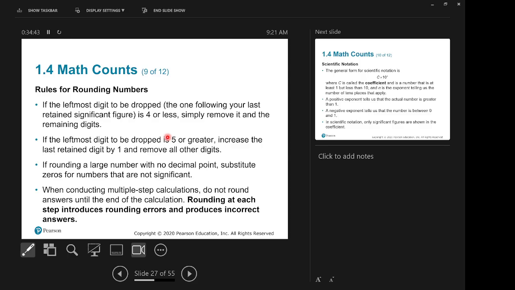Or like 95. Actually, let's avoid that one, it's going to end up causing issues. Let's say I'm doing this. That's what my calculator gave. I'm supposed to have 2 sig figs, and so what I do is round this up to a 6, and now I'm going to have 2 significant figures.